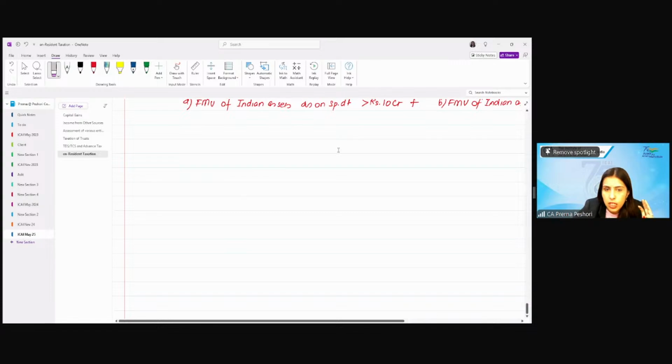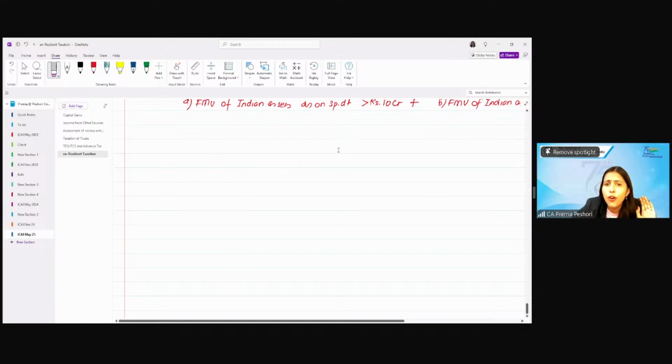Number one, the transfer by foreign portfolio investors. Any capital asset which is the share of a foreign company, held by way of investment by the foreign portfolio investor, will not be deemed to have been situated in India.